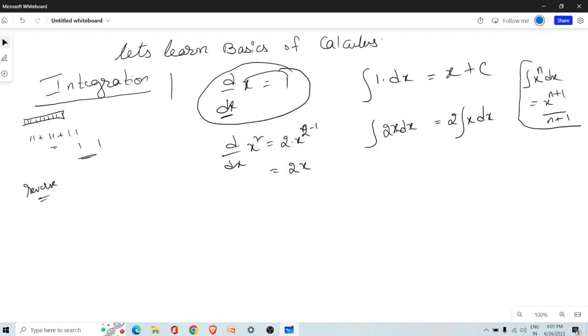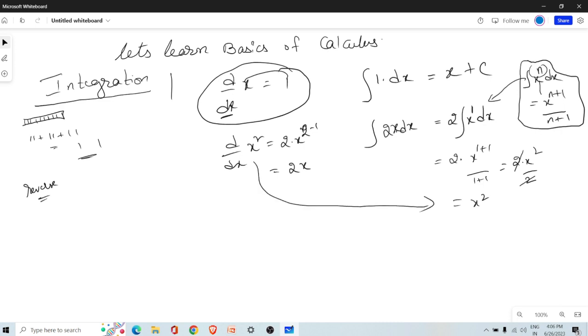If you apply the same formula here, n value is 1, so this becomes 2 into x power 2 by 2. The 2's in numerator and denominator cancel, and this becomes x square, which is exactly the reverse of differentiation. So for integration of 2x, we got x square.